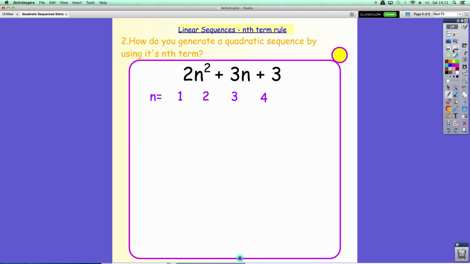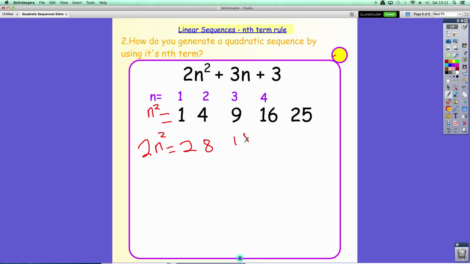Okay, now 2n squared plus 3n plus 3. If we do it the table way, still again, we start with n squared, then we go 2n squared, and so 2n squared is just double whatever's in the n squared row, so 2, 8, 18 like we've seen before, plus 3n.